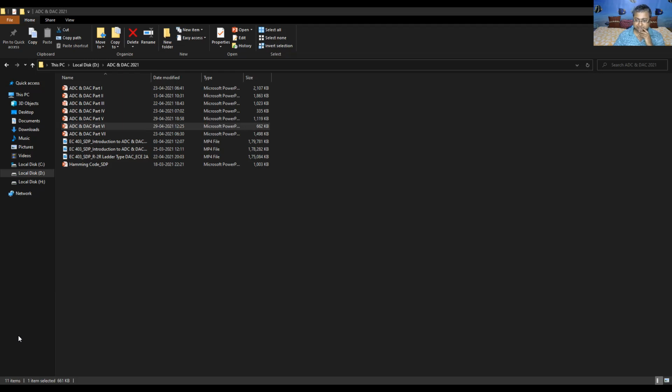One T flip-flop is included here with the counter type ADC. This is a counter type ADC, and this is the T flip-flop, and this is the mechanical switch.